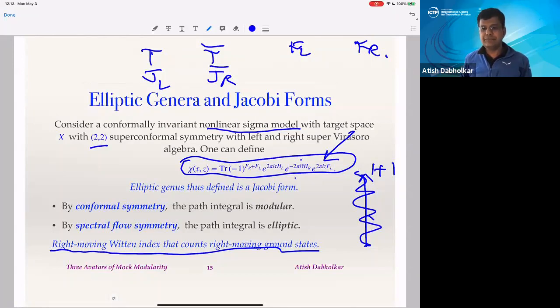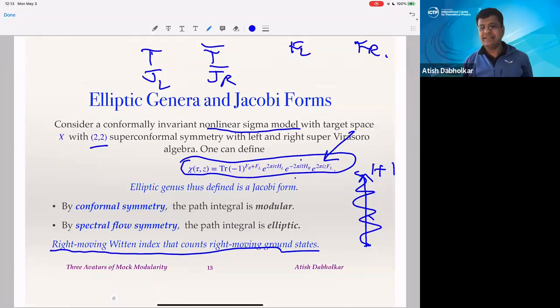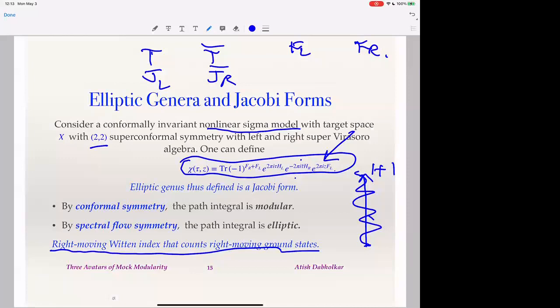If you use a diffeomorphism invariant regulator, which you can always do, like a heat kernel, and it is Weyl invariant, then it is conformally invariant, because the conformal group is nothing but global diffeomorphisms up to Weyl symmetry. So if you have a diffeomorphism invariant regulator for the path integral and the theory is Weyl invariant, then it is modular. Sorry, no. The question is, why should we expect it to be holomorphic in the upper half plane?